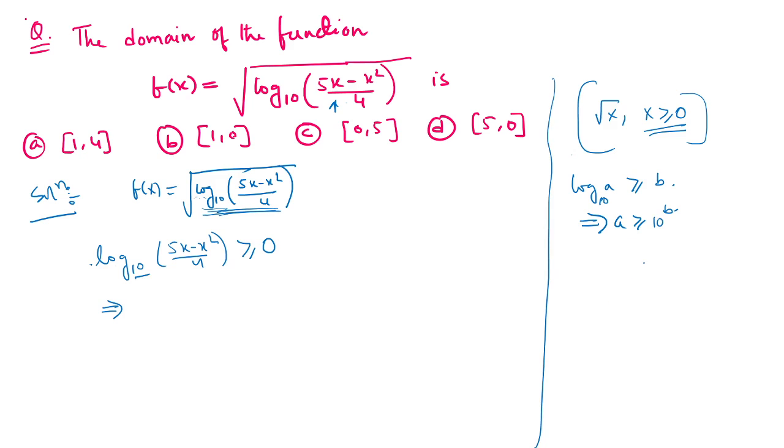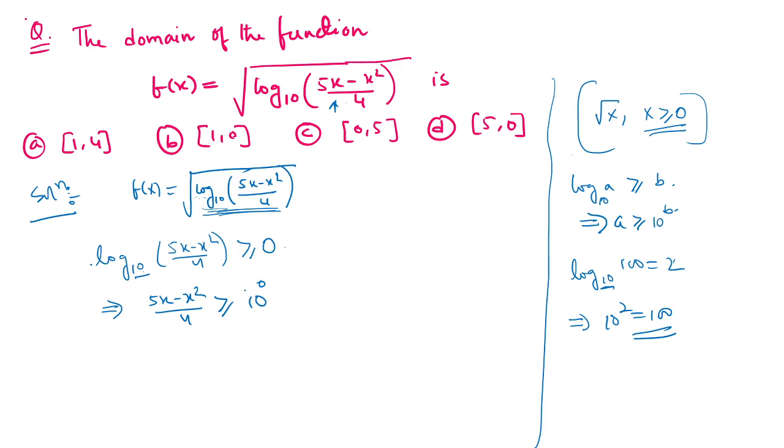For example, log of 100 to base 10 is 2, because 10 squared is 100. Is that okay? So here (5x minus x square) by 4 is greater than or equal to 10 to the power 0.